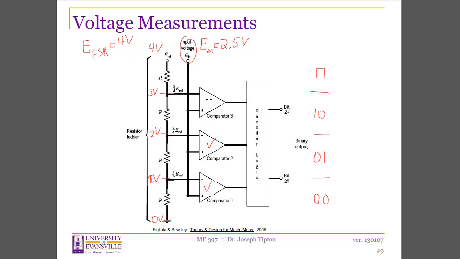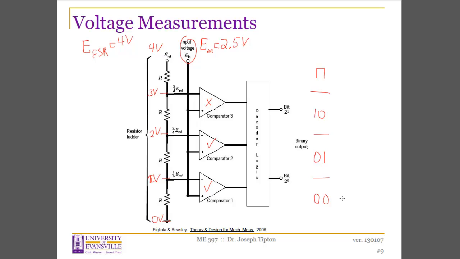And we look at our third comparator, and it's comparing the input voltage to the reference at 3 volts, and now this one does not compare, it's less than. So in this case we know that the signal is somewhere between the 2 volt reference and the 3 volt reference. That's all we know, right? That's the resolution of the device, somewhere between these two.